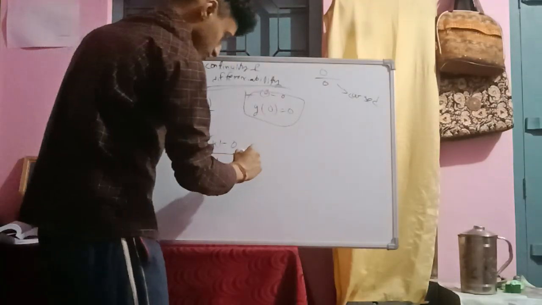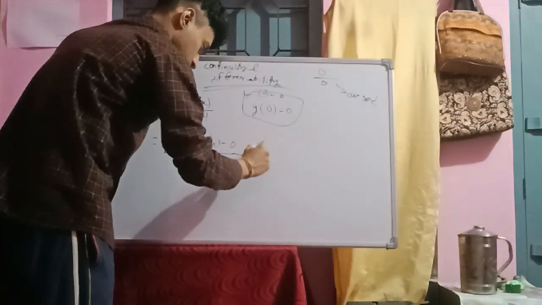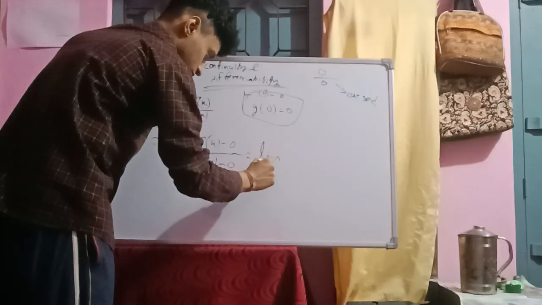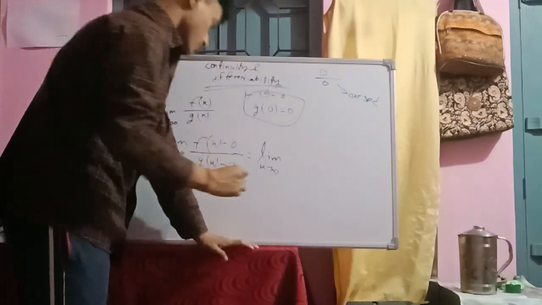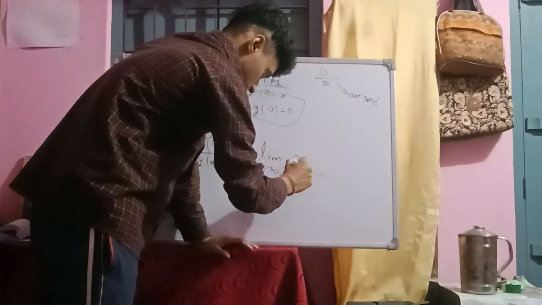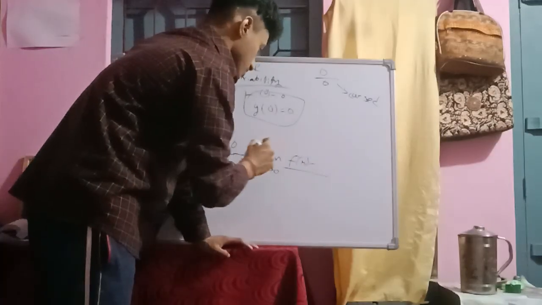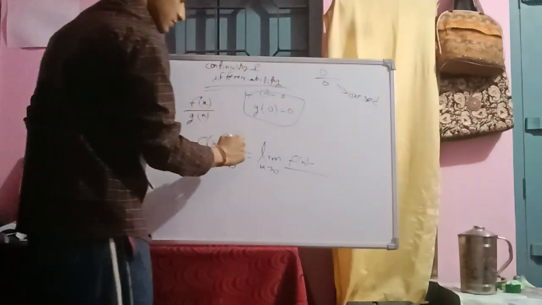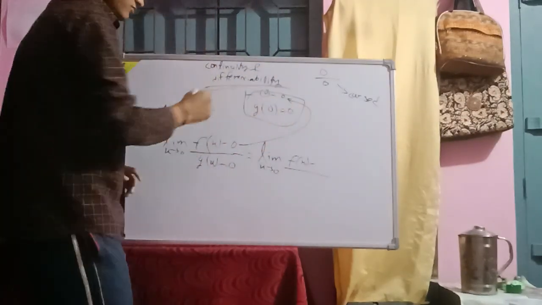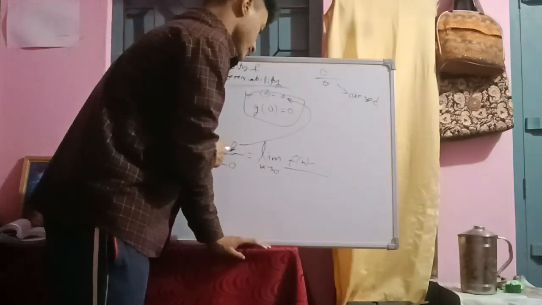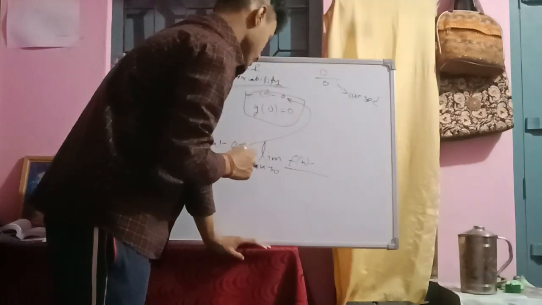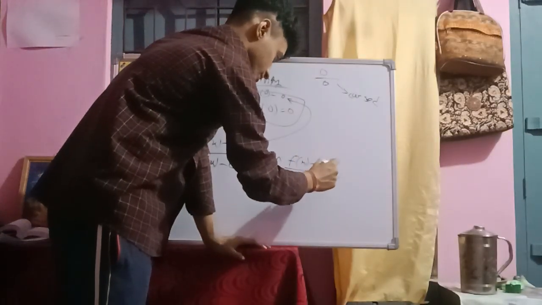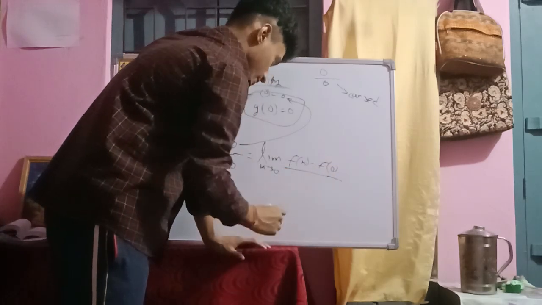Now, we can rewrite this as the limit of x approaches 0 of f(x) minus, we can rewrite 0 as f(0), because we know that f evaluated at 0, that is f(0), is 0.